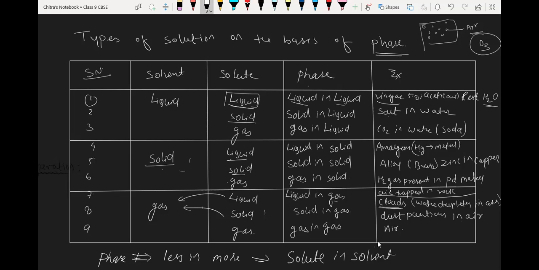All these 9 types you have to remember. Very important. Shreyanvi, have you understood better or do you have any doubt? I have no doubt, sir.